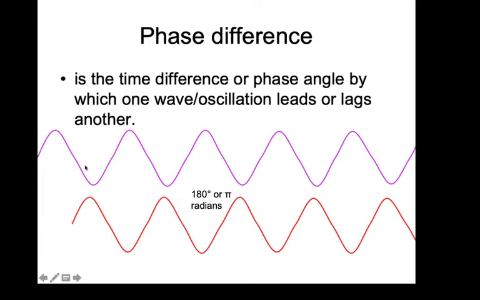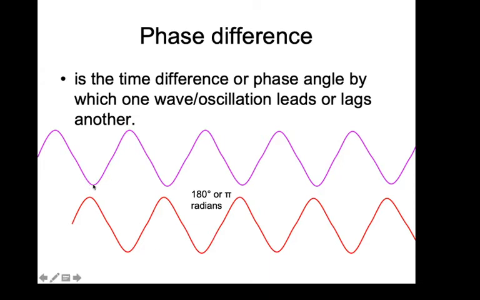As you can see here, we have the trough of one wave function, or one object's simple harmonic motion, and the peak of another lined up. As long as they have the same period, and here they even have the same amplitude, it's essentially the same simple harmonic motion, just shifted.